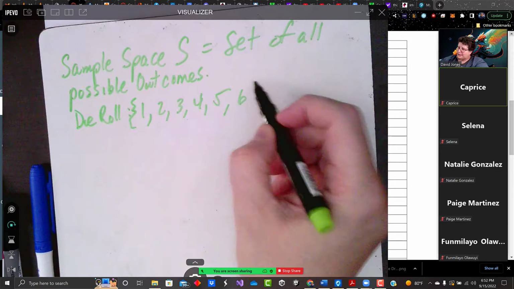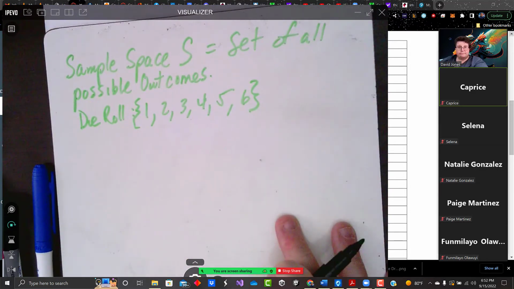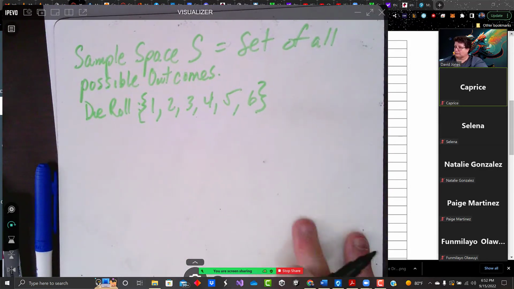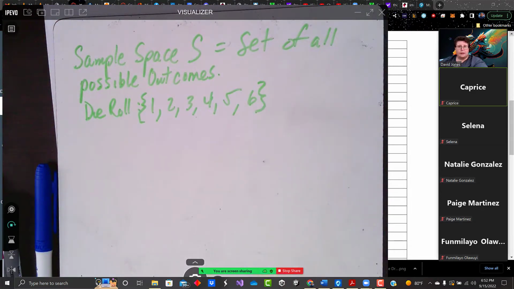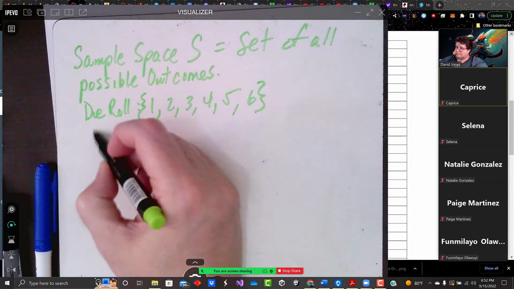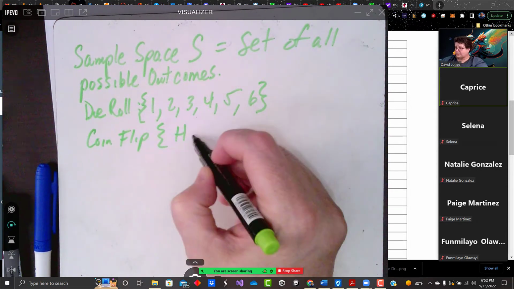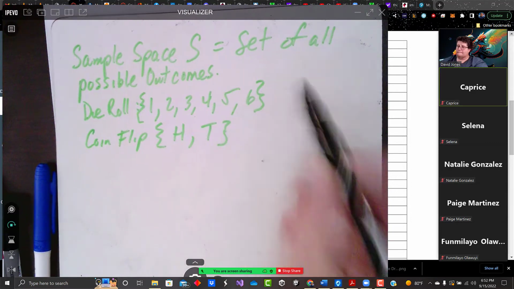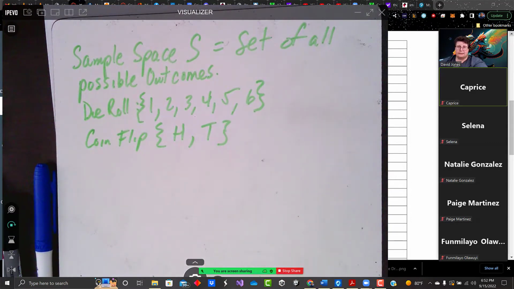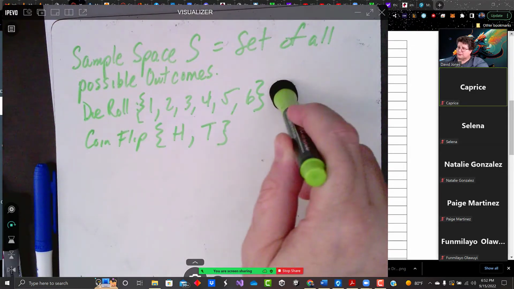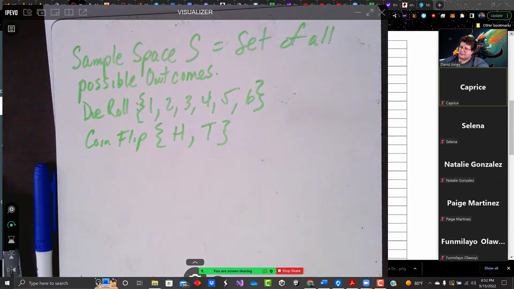That is the sample space. They often include it in curly braces. And for the coin flip, it was heads or tails. So this is the sample space S for die rolls, and this is the sample space for coin flips.